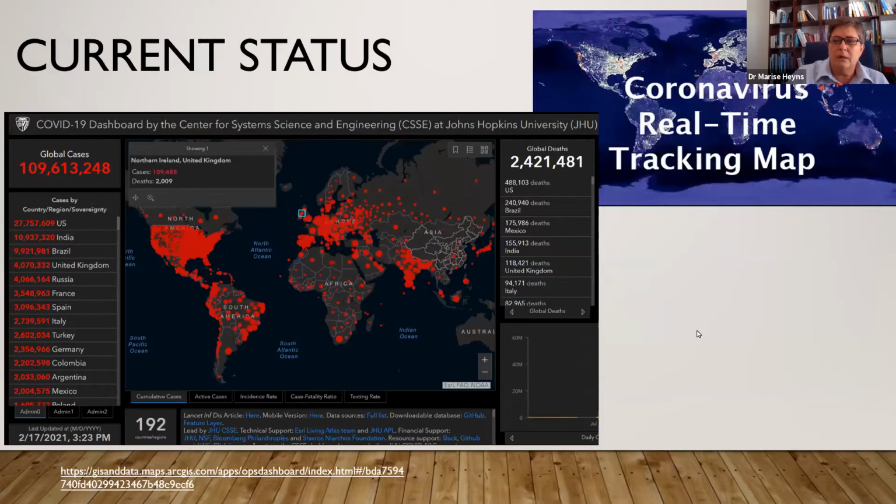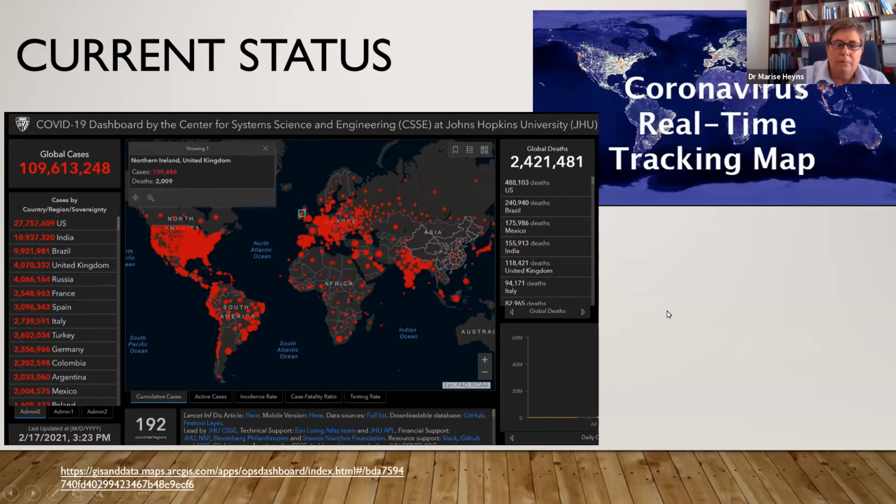So this is an interesting map. It's a tracking map that you can follow. There's the website there that you can look at the current statistics. So this is the Johns Hopkins University. The map on the right shows you some of the outbreak there in China, and you can see there's some red dots there that would have been the spreading of the virus through air travel there in Australia and in America.